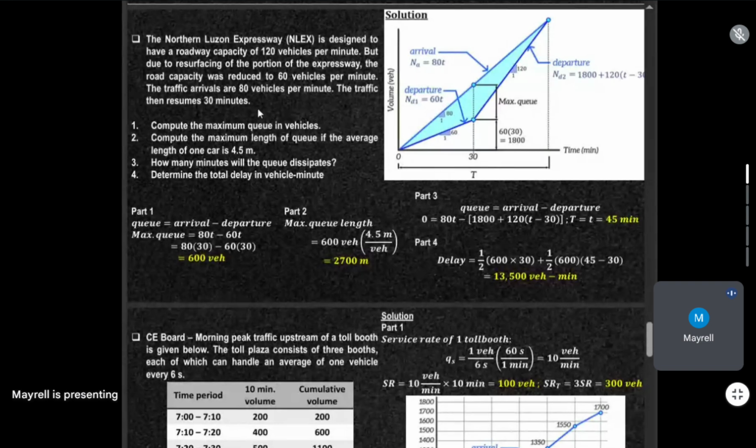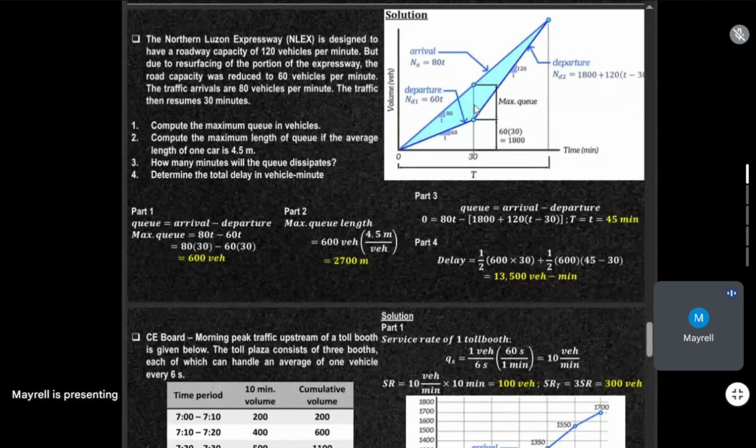After 30 minutes, the normal traffic resumes. So you have the plot here of 60 vehicles per minute. Then after 60 minutes, it resumes at 120 vehicles per minute, until they meet. This shaded part is where the arrival rate exceeds the departure rate.